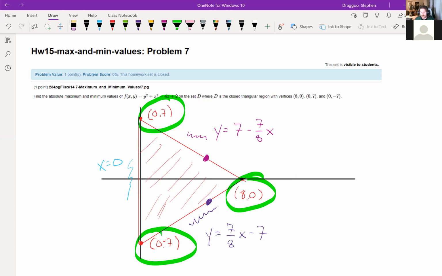But we need to actually solve for critical points all the way around the boundary. So we end up with these 3 different boundary lines that are represented by 3 different equations. One with a positive slope, one with a negative slope, one with a vertical slope. And we'll find critical points on each of them, which you end up finding one critical point on each of the sloped lines.